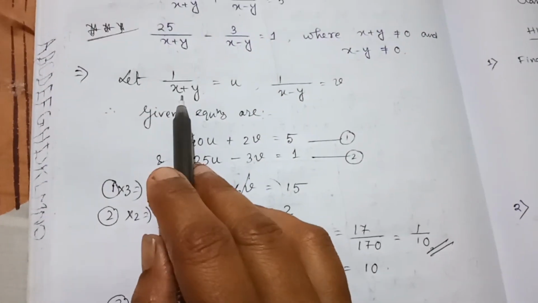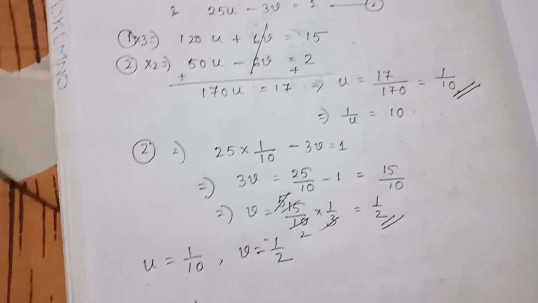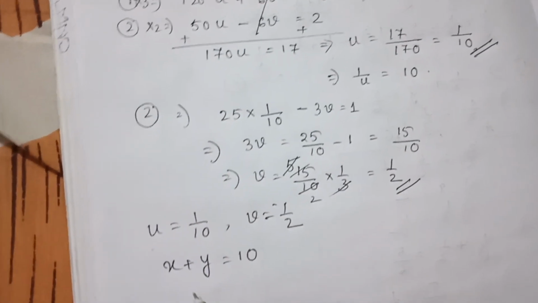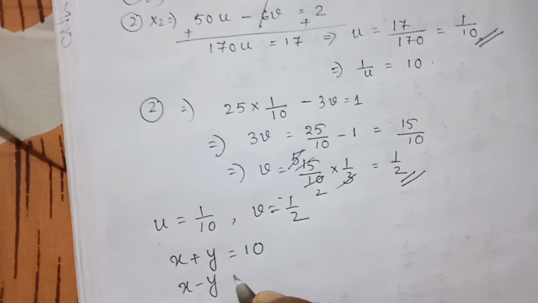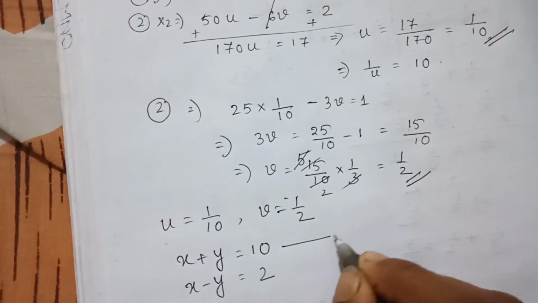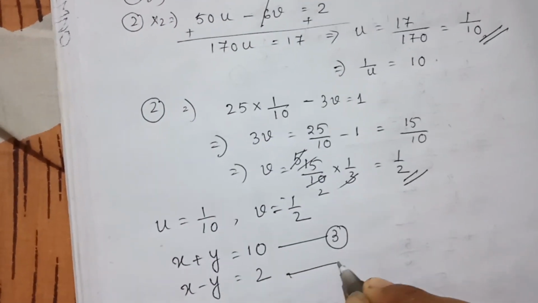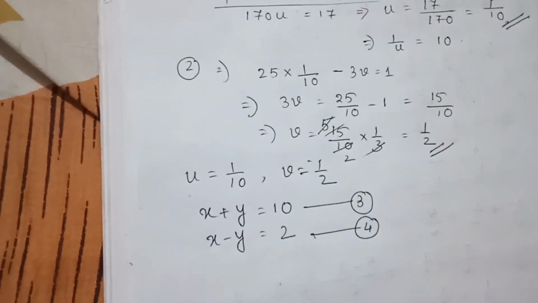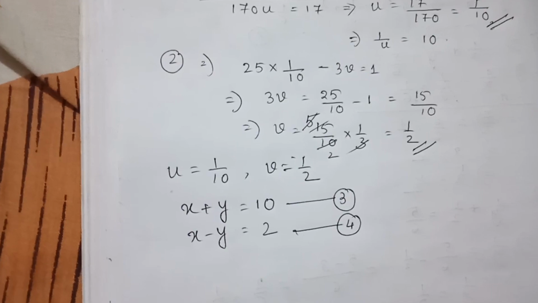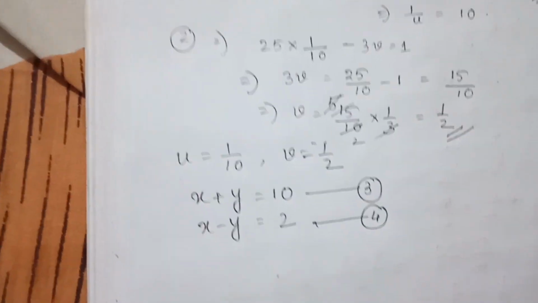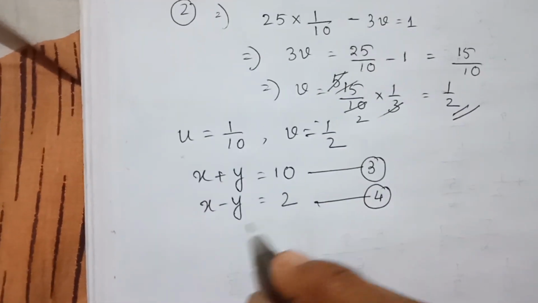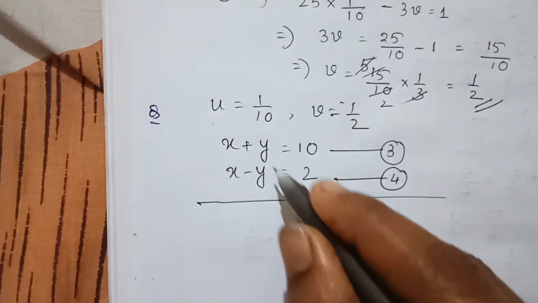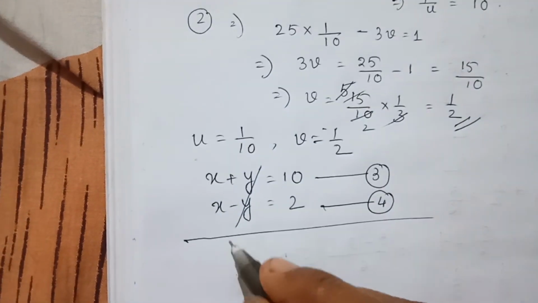So from the assumption we can say x plus y equals 10 and x minus y equals 2. This I'm giving number 3. This I'm giving number 4. You can check these two equations now. Very easy equations, right? So we can do the elimination again. y will be cancelled out.